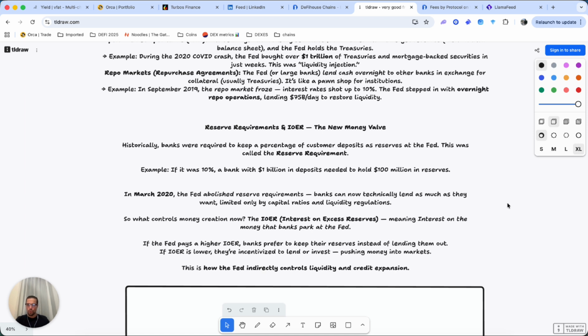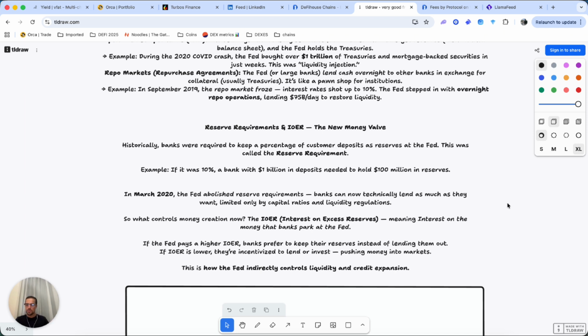There are no more reserve requirements. So a bank technically does not need to hold anything that you deposit into the bank. They can lend everything. So if you come with $1 million in the bank account, yes, you see that 1 million on your screen, but actually the bank is using the whole million of yours to make money in the system, right?